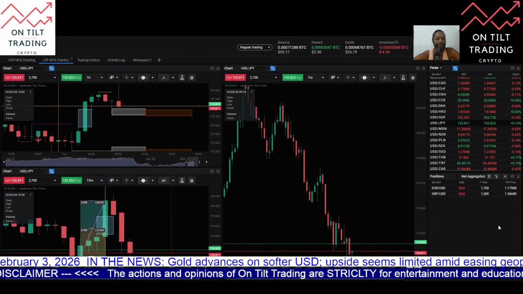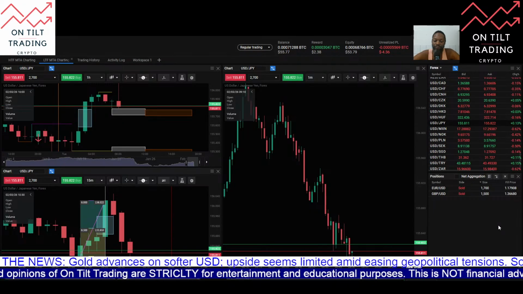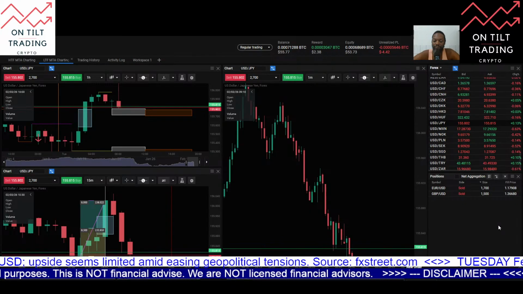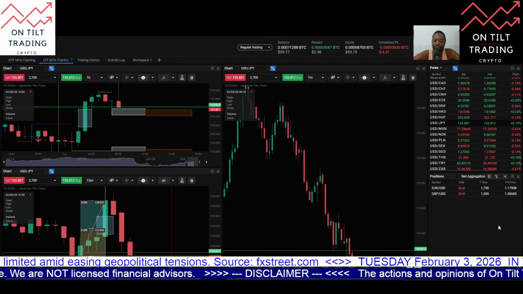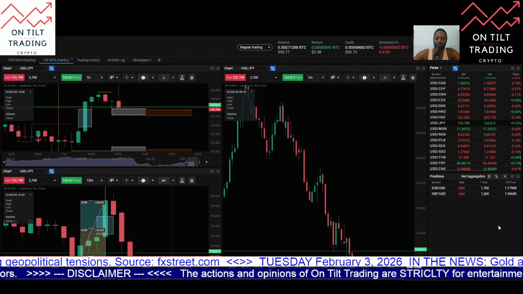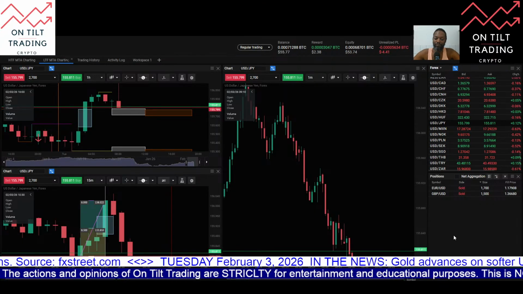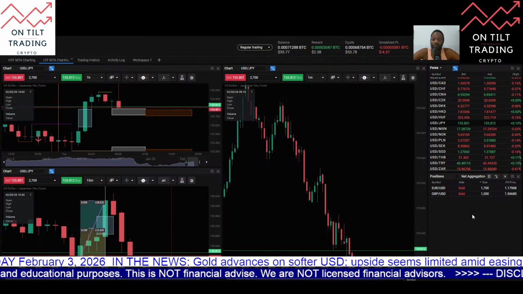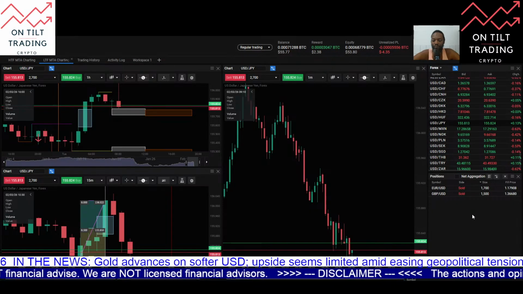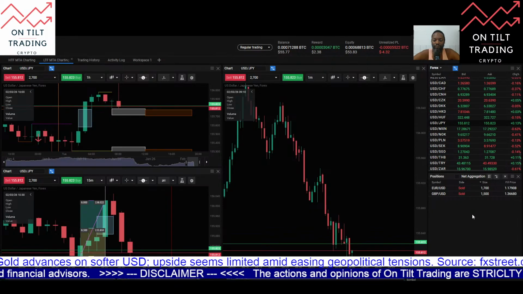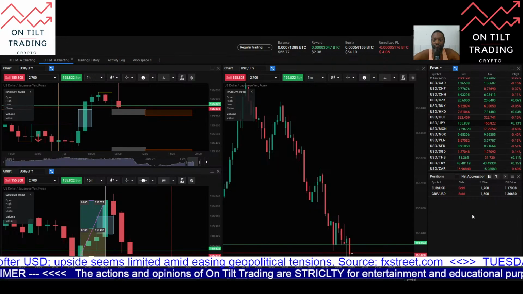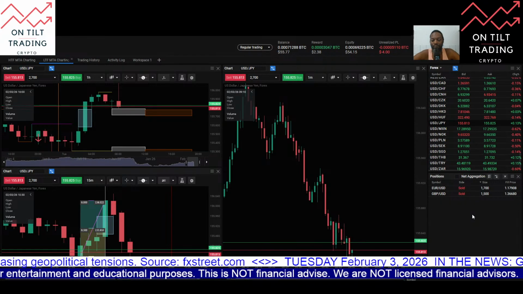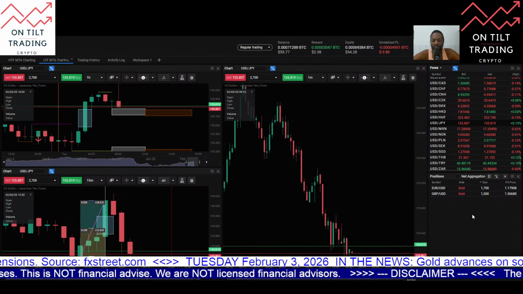Price consolidating in this area. Seeing price showing some volatility here.